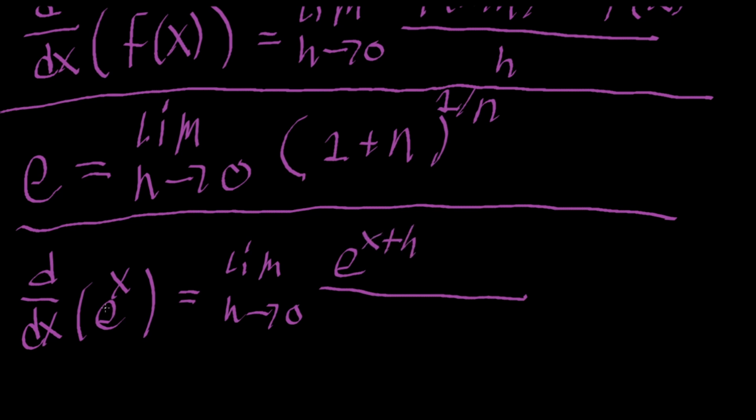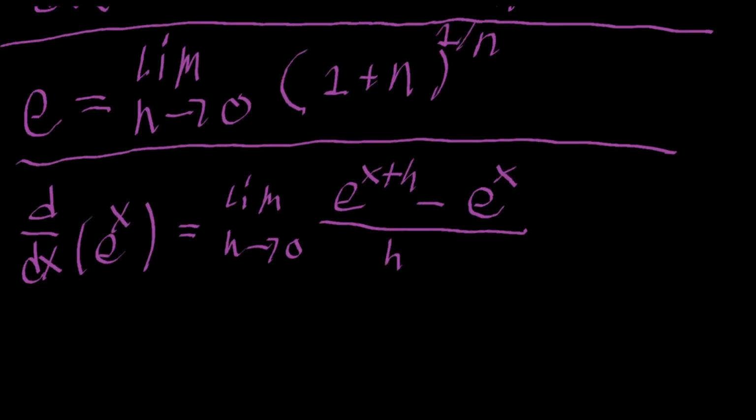Because if f of x is e to the power of x, then f of x plus h must be e to the power of x plus h. Minus our f of x, which was just e to the power of x, and this goes all over h.